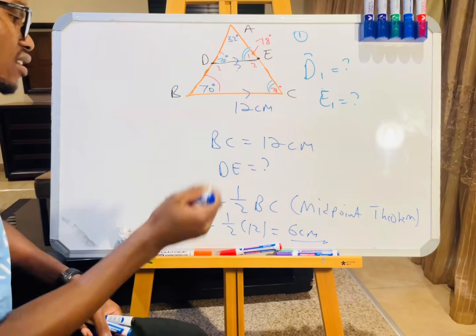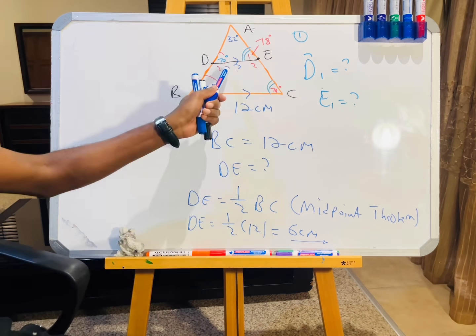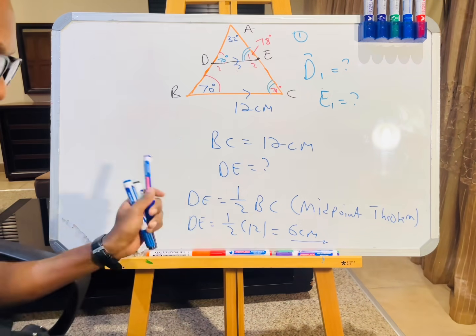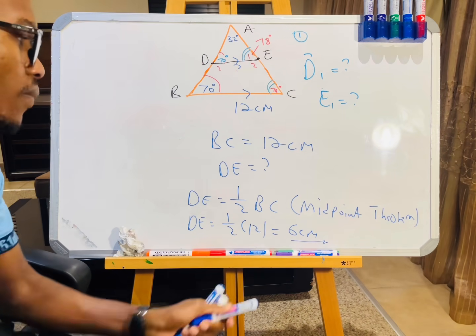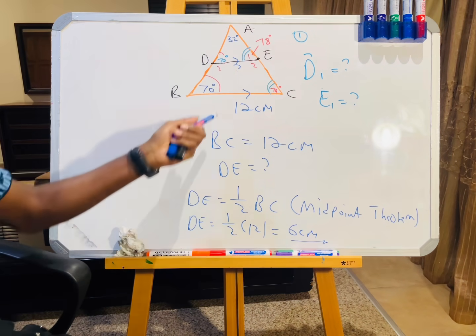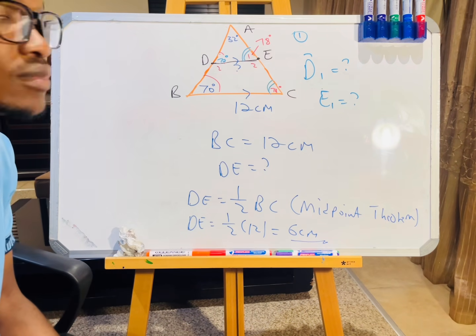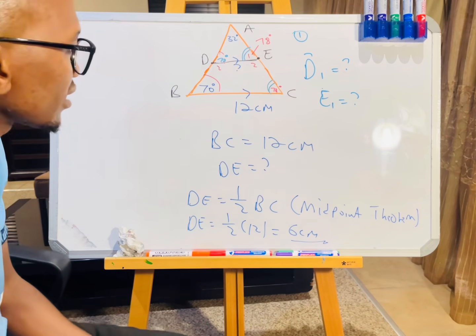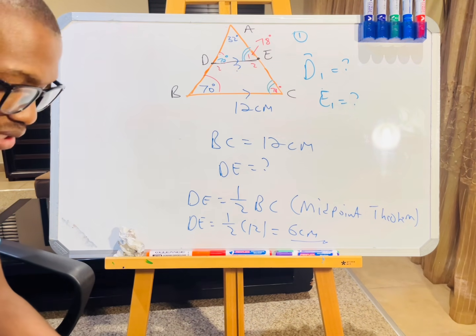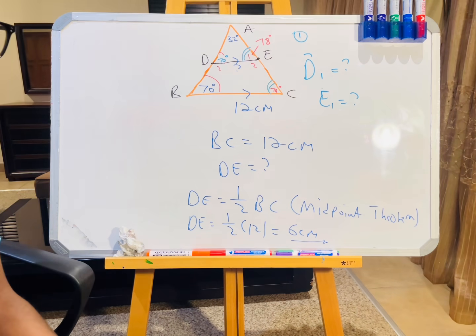So my DE is 6 centimeters. Guys, in case they ask you to find this value here, just give them this information. It's from the midpoint theorem because you're already given that these two sides are parallel. Obviously, that's the midpoint theorem. Okay, nice guys. So this is how we tackle this type of question.